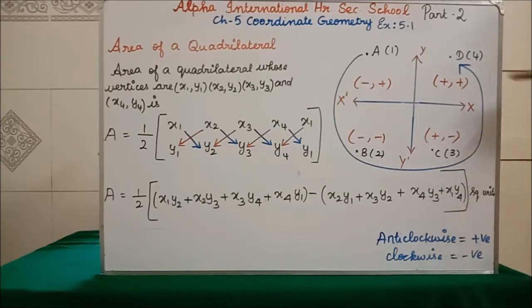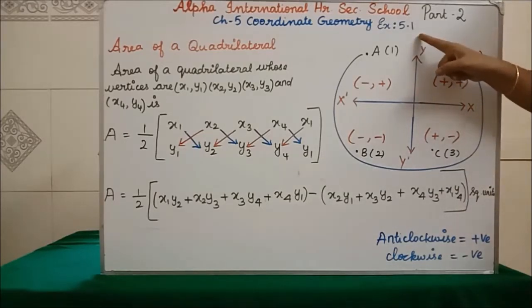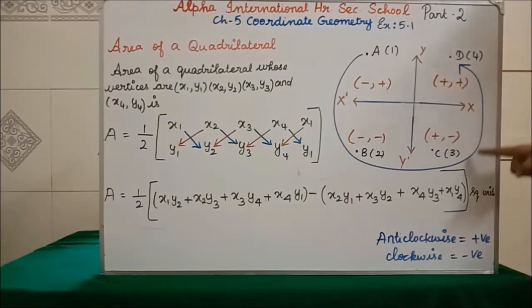If you are going in the clockwise direction, you will get the area negative. You should not get area in negative. Area will never be negative. So, you should not take clockwise direction. You are going to take only anti-clockwise direction. Clear?